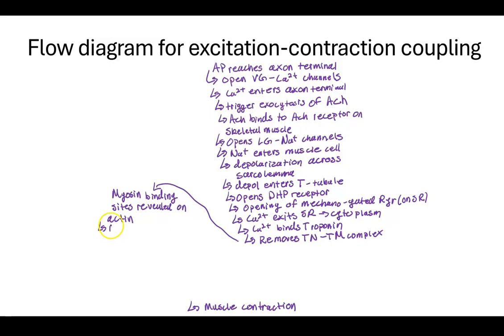So myosin binds actin, which causes it to pull actin. And this is the power stroke. Power stroke.